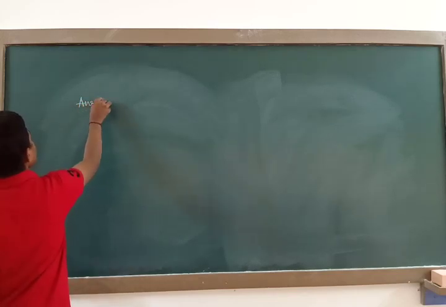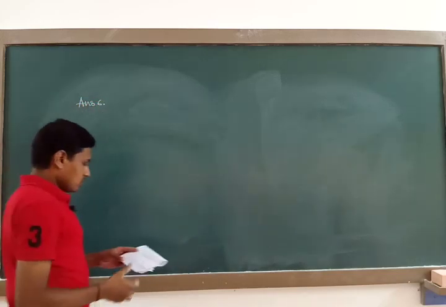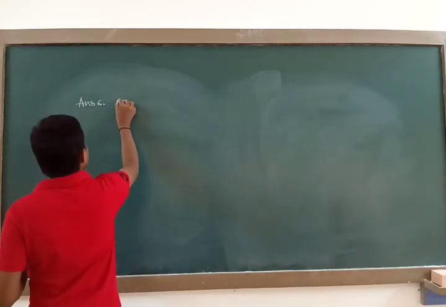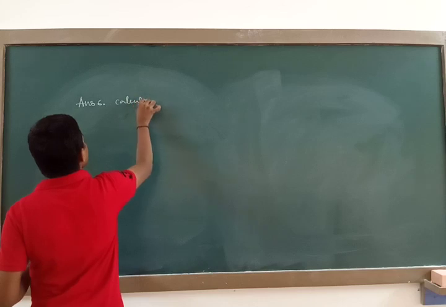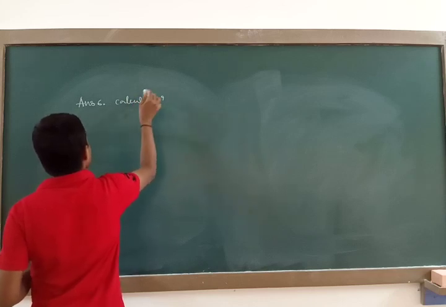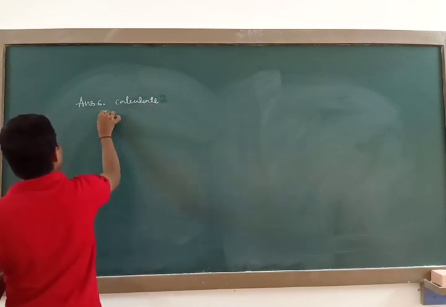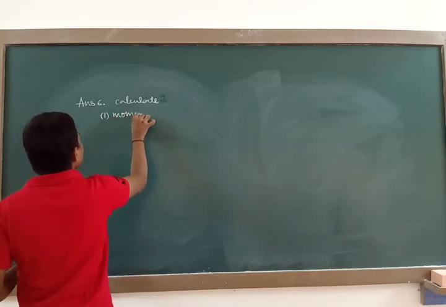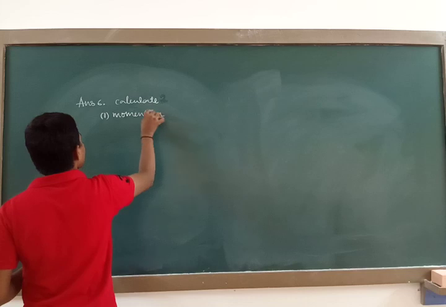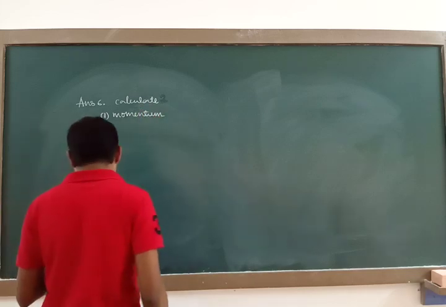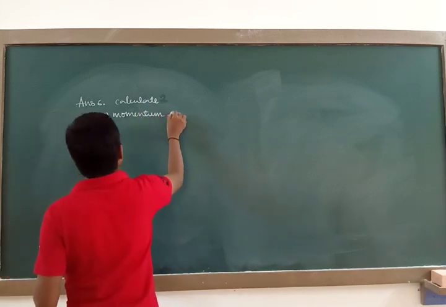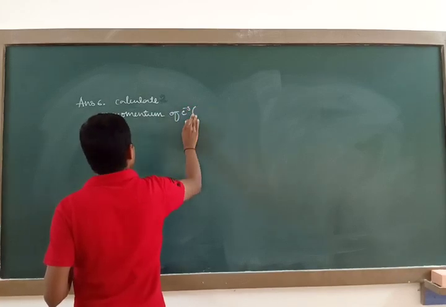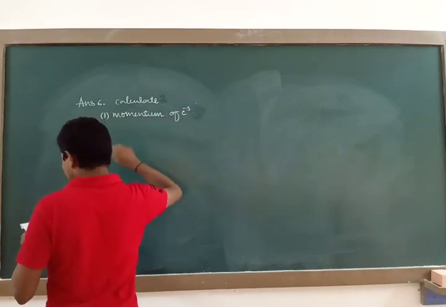Answer for the 6th numerical. Calculate, directly they have given, calculate what we have to calculate. Number 1, momentum of whom? Momentum of electrons. Electrons are nothing but what? Photoelectrons.